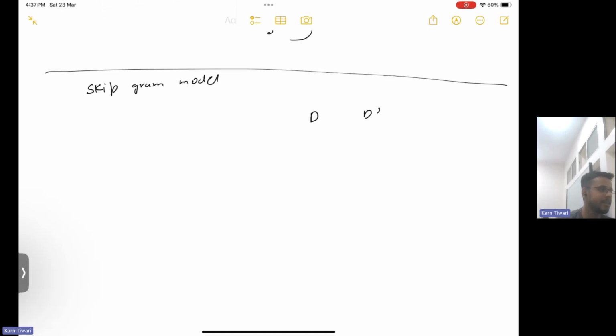Basically, we want to maximize the distance between the positive vector and the negative vector, and we want them to differ by at least a margin m. That is, the two should be at least m distance far apart.